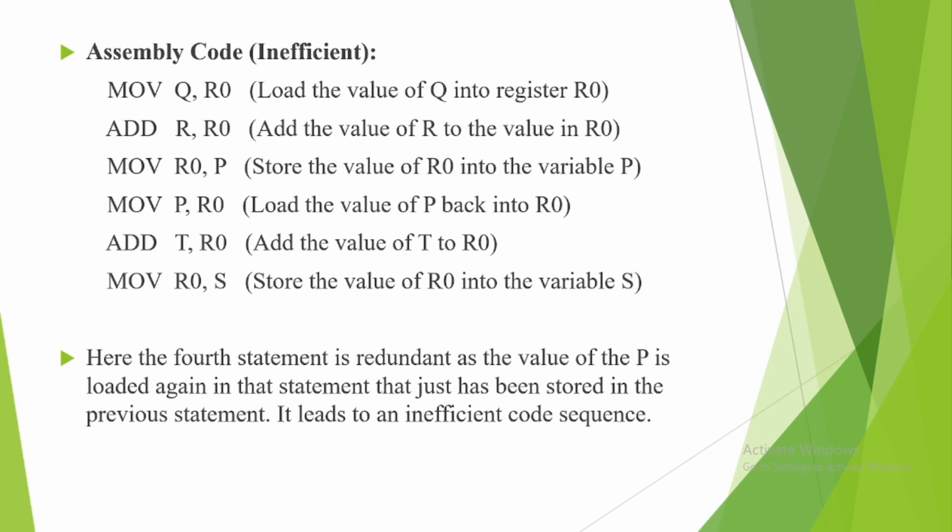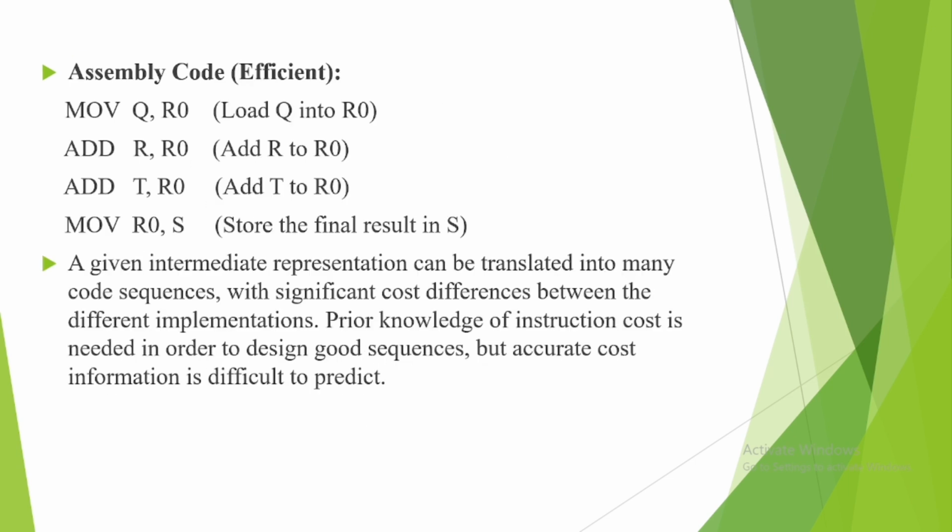Here the fourth statement is redundant as the value of P is loaded again in the statement just after it has been stored in the previous statement. It loads the same value, giving an inefficient code sequence.